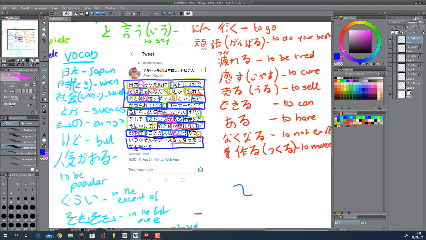So, finally, let's try and read this sentence. Nihon e itta toki ni. So, when I went to Japan, stressu shakai de gambaru anata e toka, tsukareta kokoro to karada o iyasu gutsu toyu mono ga urarete ite. So we have, when I went to Japan, they were selling things such as, see how I went instantly to toyu mono ga urarete ite after that time clause.